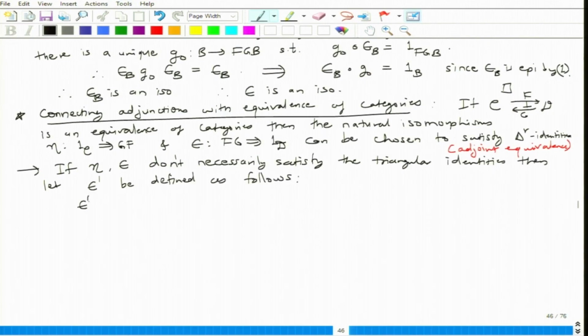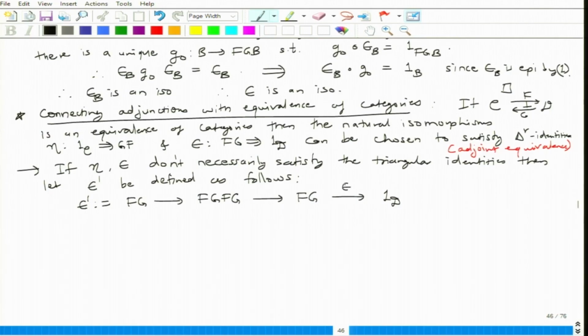So, epsilon prime goes from FG to FGFG to FG and to 1_D. Okay, so it might be a bit confusing what I am doing. The last one is obviously FG to 1_D. What is that?